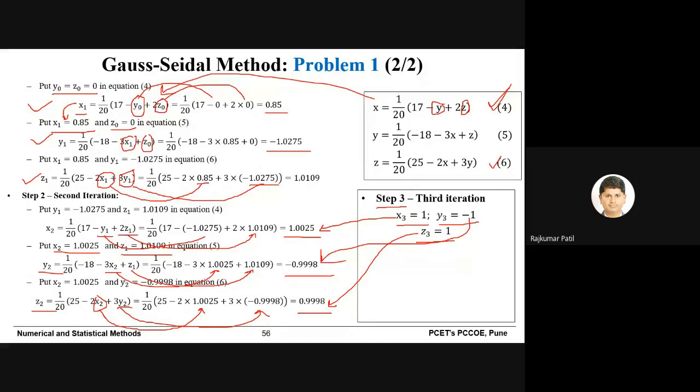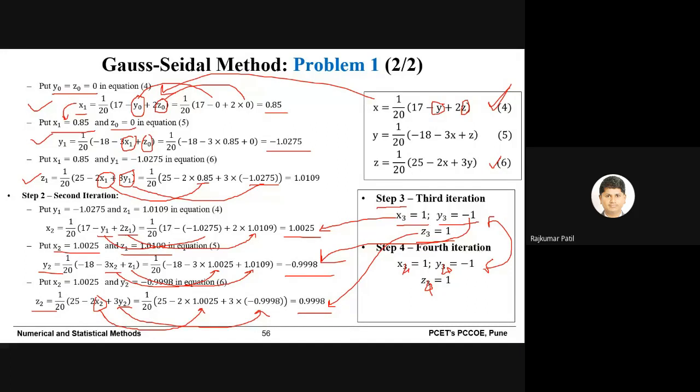So we will go to the fourth iteration, and when you do the fourth iteration you will get x4 as 1, y4 as -1 and z4 as 1. If you compare x3, y3, z3 with x4, y4 and z4, both values are the same.